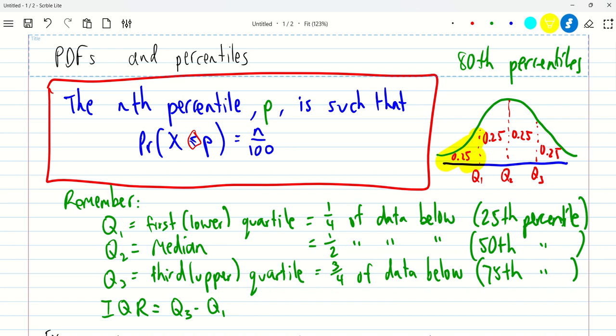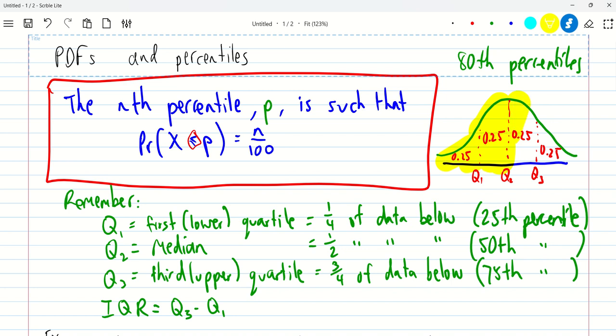Q1 is the first or the lower quartile. There's a quarter of the data below it, so that's what we name Q1. Q2 is the median. Remember, the median is the 50% mark, so there's half of the data below it. We call that the 50th percentile.